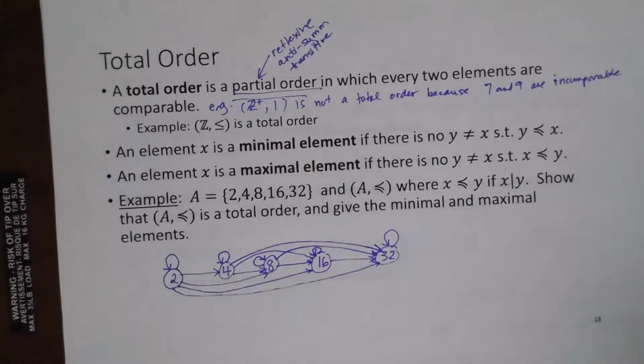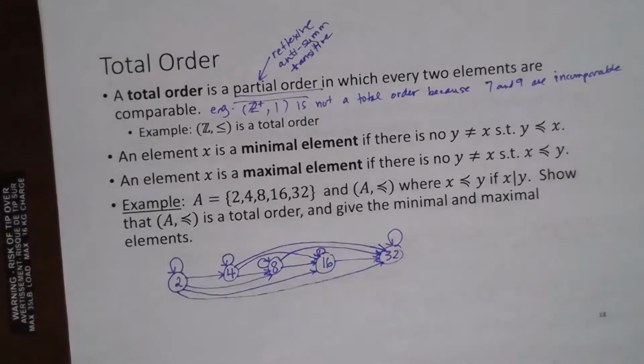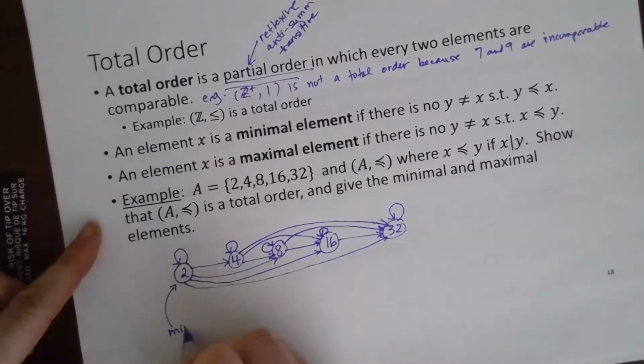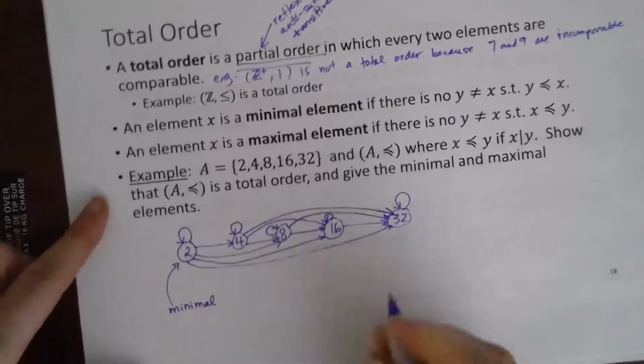So do I have an example of an element where I can't ever say this number divides this unless it's equal to itself? Which one is it? 2. So notice 2 here. This is a minimal element.